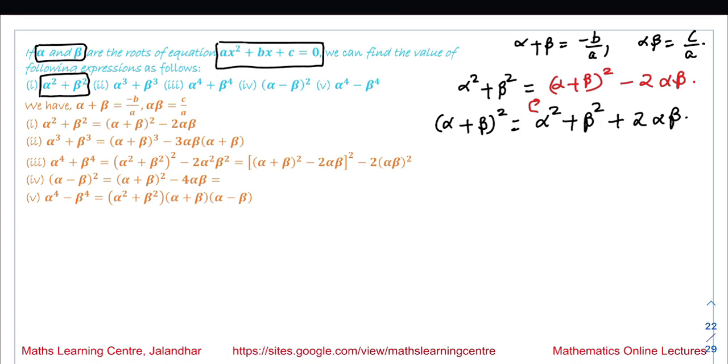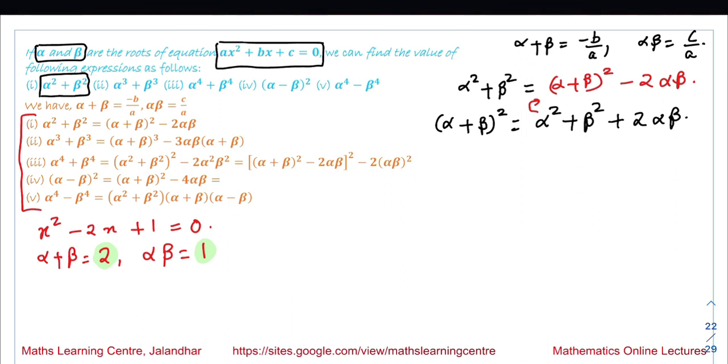Suppose I have to explain this with an example. Say a polynomial is given to us: x² - 2x + 1 = 0. From this polynomial, one thing is clear: alpha + beta = 2 and alpha into beta = 1. This is -b/a and this is c/a. We want to calculate the value of all these terms.